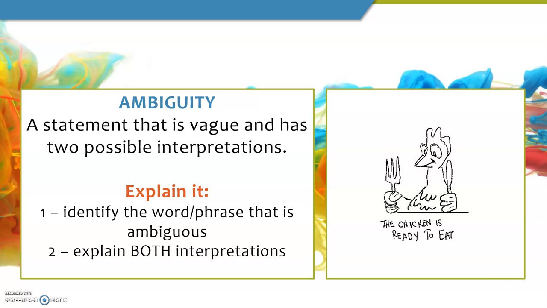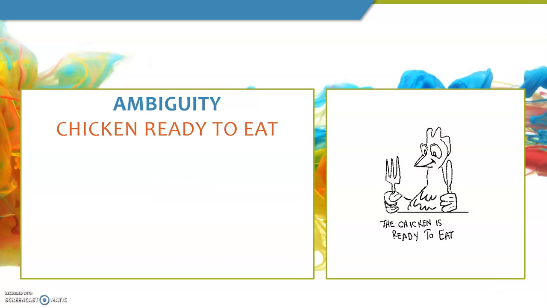So what you need to do when you're explaining ambiguity is identify the ambiguous element, the word or the phrase, the portion of whatever example you're dealing with that has two interpretations, and then you need to explain both of those interpretations. So in this example, the ambiguity rests in the phrase the chicken is ready to eat.